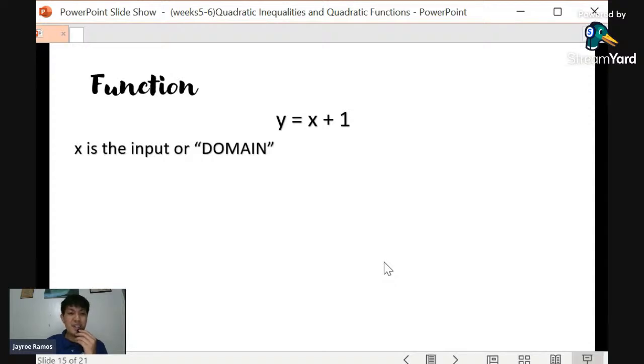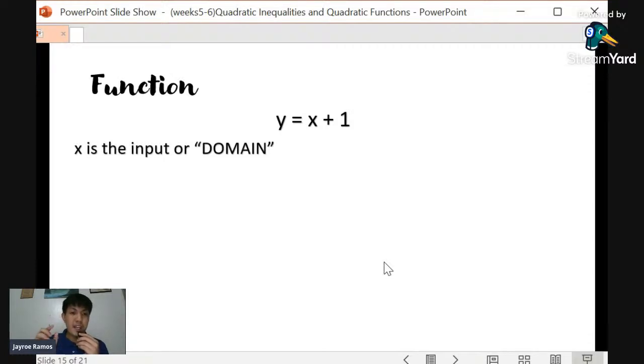Kung actually kanina parang ginagawa na natin yung or even the first week. 'Di ba nagso-solve tayo ng quadratic equation? 'Di ba nag-i-input tayo ng value ng x? Now, try to realize yung sinasabi ko ha. 'Di ba pag nagso-solve tayo ng math in quadratic equation, nag-i-input tayo, 'di ba? Naglalagay tayo ng value ng x. So that is the input. Ang process natin doon is the part where we are solving.